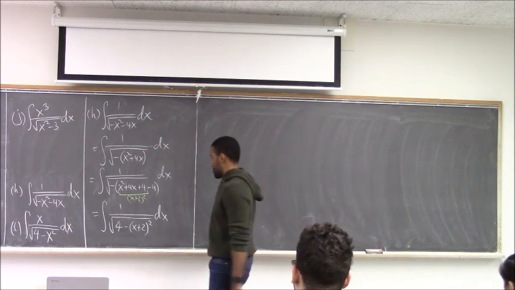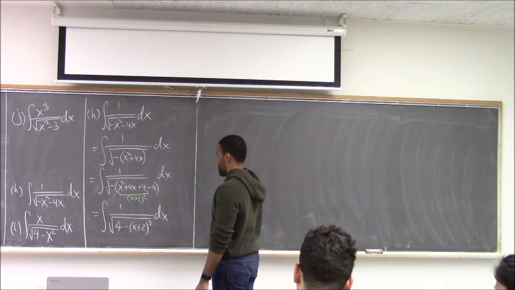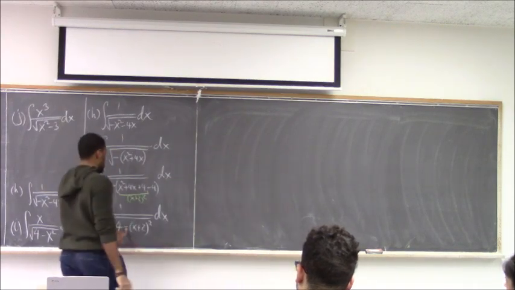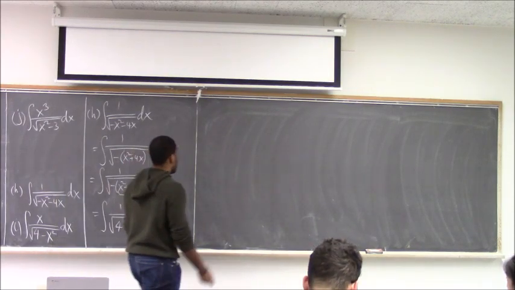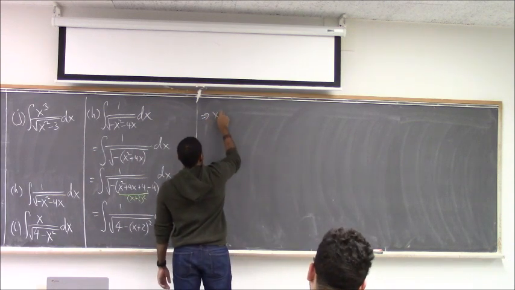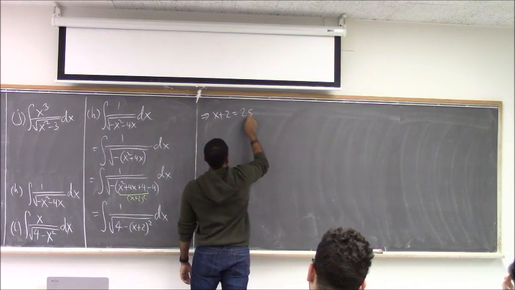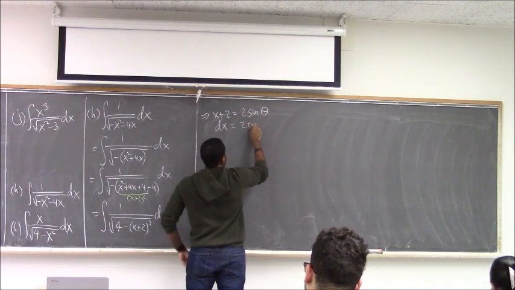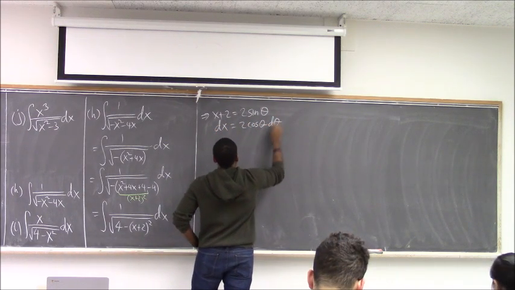x plus 2 equal to 2 times sine. So you could do x plus 2 equals 2 sine theta. Your dx would be 2 cosine theta d theta.